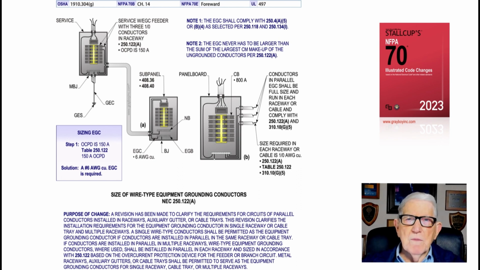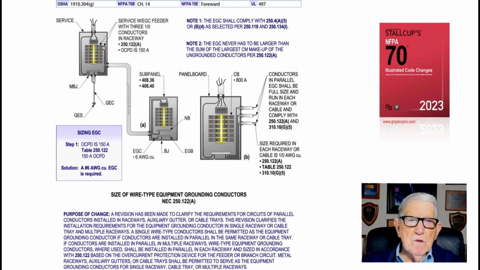But let's just talk about the one to the left. If you should have a 150 amp main, what size equipment ground would you pull in that raceway? Then it would naturally be a number 6 by Table 250.122 on page 158 approximately of the NEC.